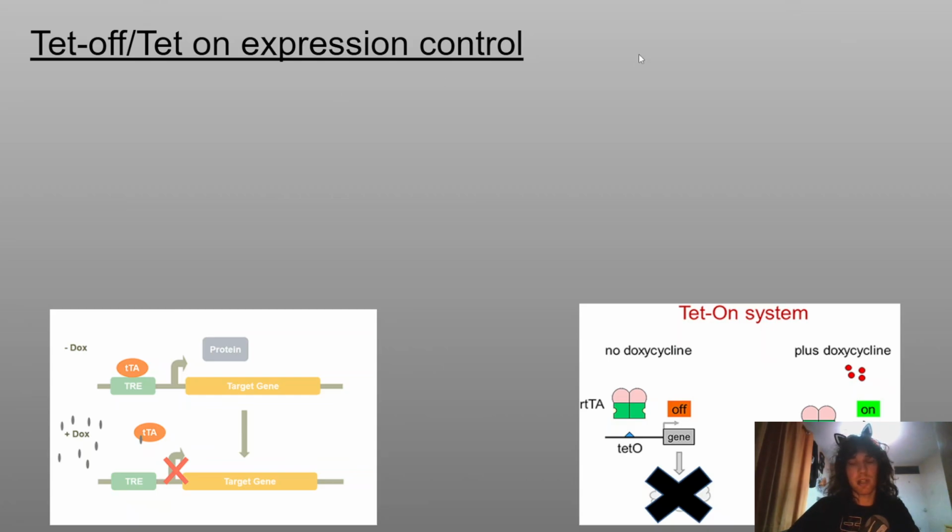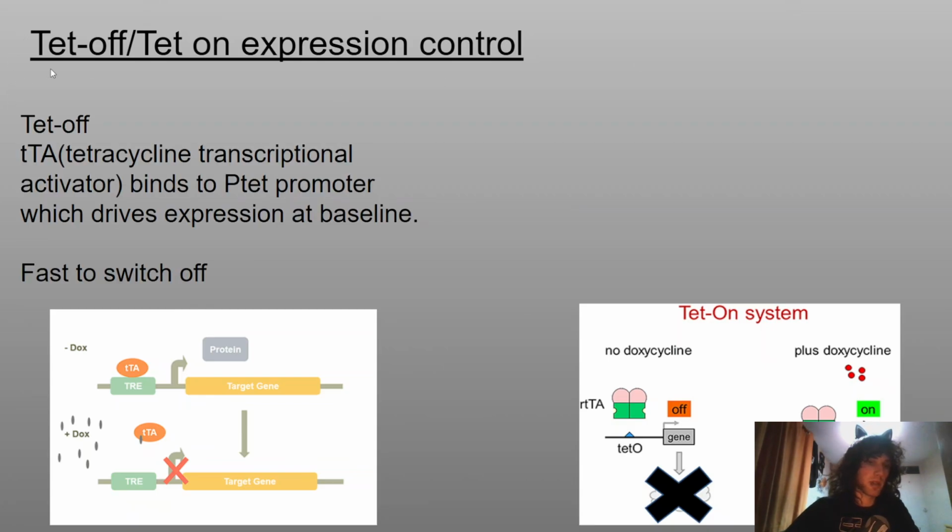So TET-off, TET-on, what is it? It includes the PTET promoter. So you put PTET promoter upstream of your gene of interest, and then tetracycline transcriptional activator would also be present, which binds to PTET at baseline, which drives expression at baseline.